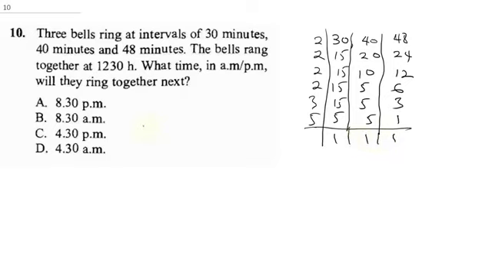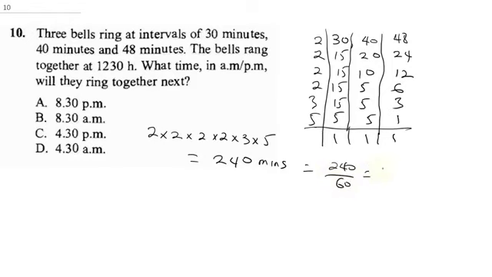So when I look for the LCM, I'm going to get 2 times 2 times 2 times 2 times 3 times 5. So 2 times 2 is going to give me 4, 4 times 2 is 8, 8 times 2 is 16, 16 times 3 is 48, 48 times 5, this is going to give me 240. So this is 240 minutes. Converting this to hours, 240 divided by 60 will give you 4 hours.